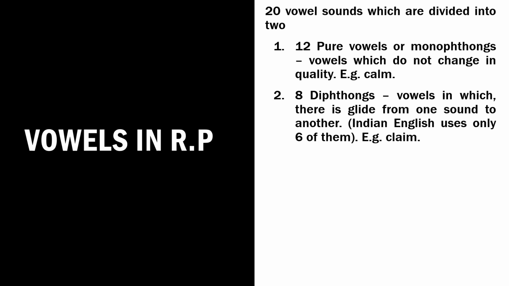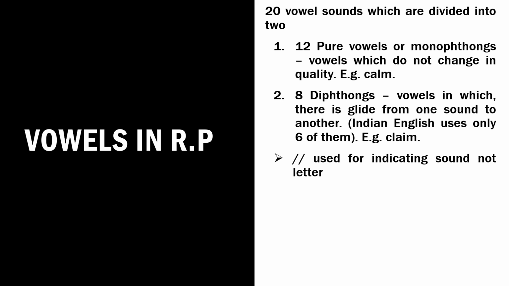In Indian English we use only 6 diphthongs, but in this syllabus we mostly focus on RP, which is the received pronunciation of England. That's why we will learn 8 diphthongs. We will learn the clear difference between diphthongs and monophthongs when we learn the sounds of vowels in coming classes.